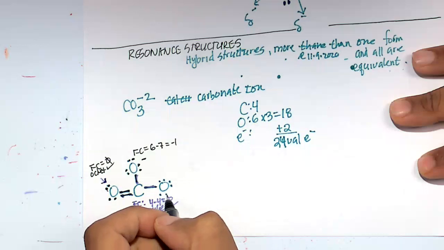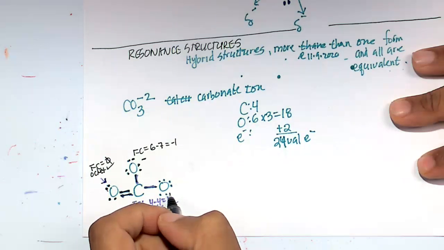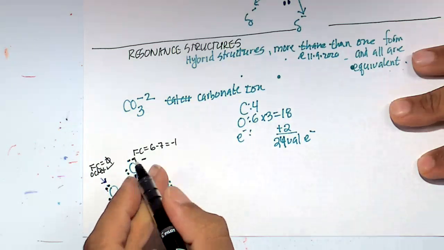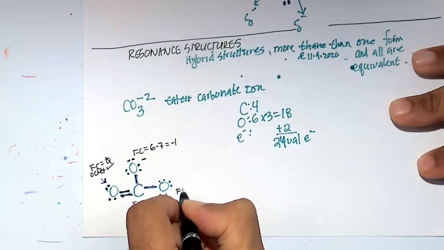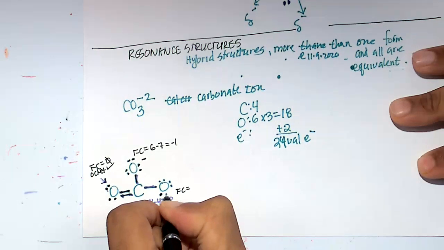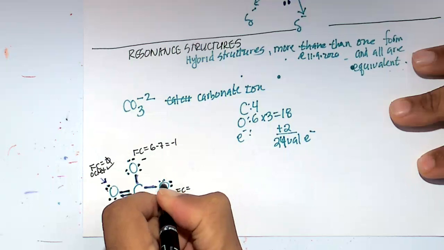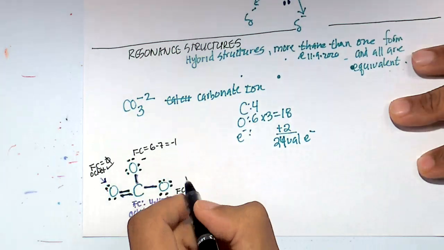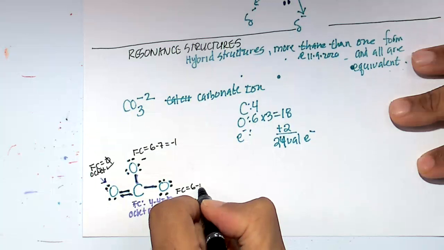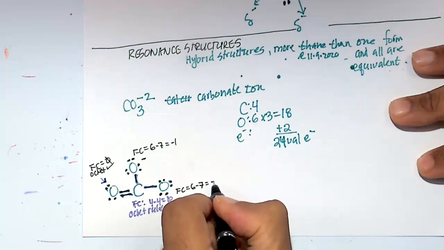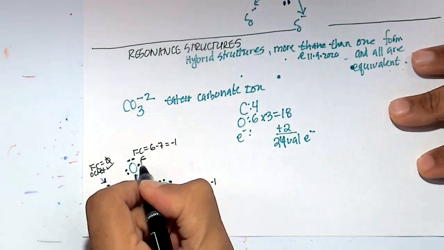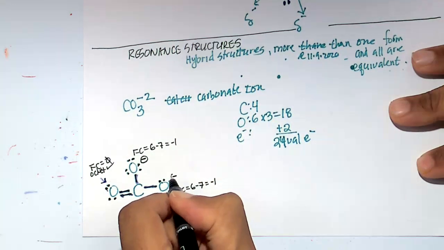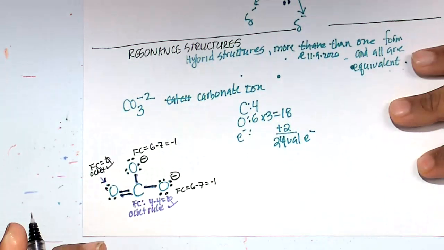Do you want me to do it for this one? Formal charge for this oxygen: 1, 2, 3, 4, 5, 6, 7. What is oxygen happy at? 6. What's 6 minus 7? Negative 1. So this one has a minus 1 formal charge.